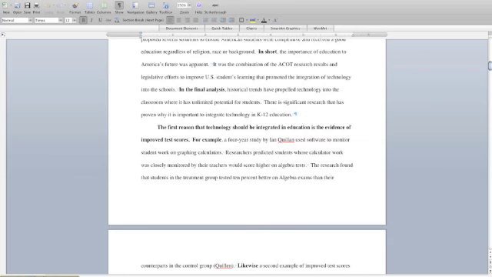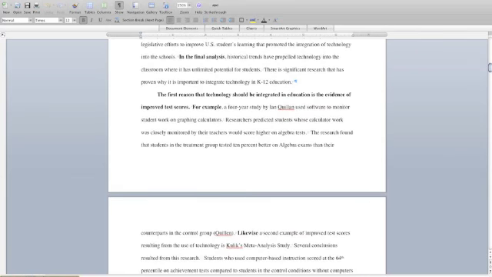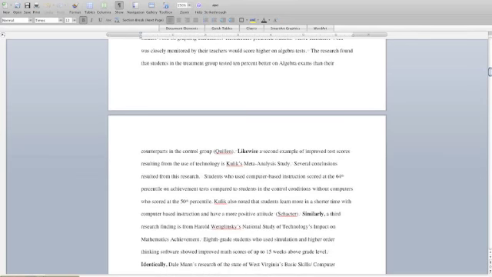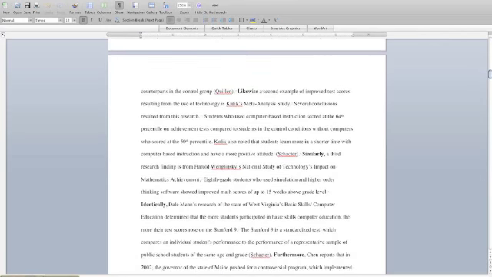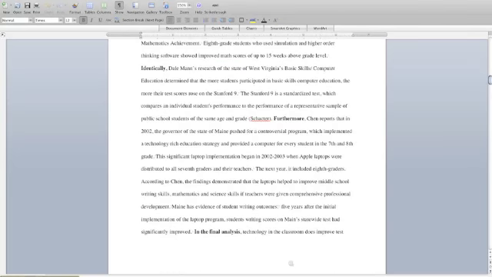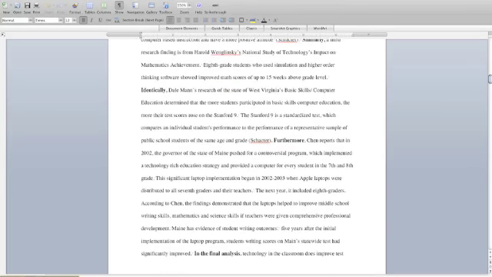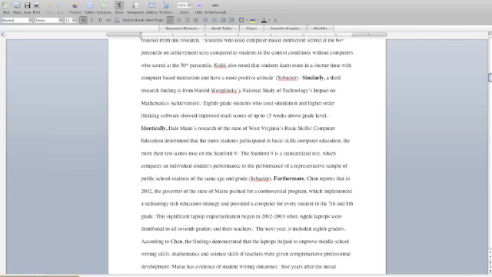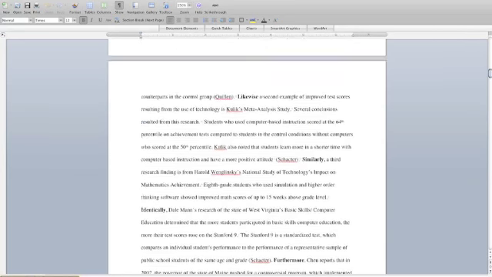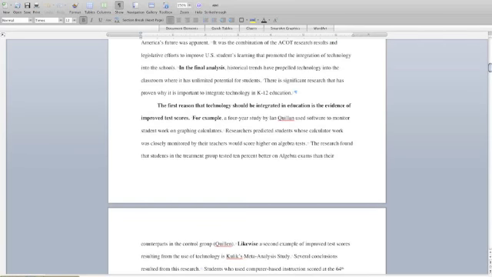But what I was saying when I got cut off is that notice that each example, for example, likewise, similarly, identically, furthermore, in the final analysis, all of these are referencing different research that supports the topic sentence that technology should be integrated in education because of the evidence of improved test scores.